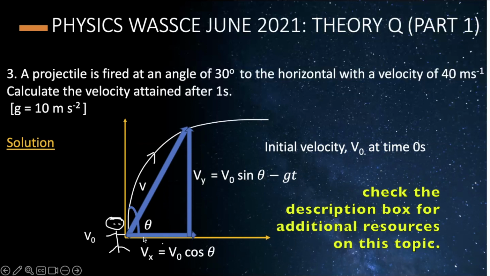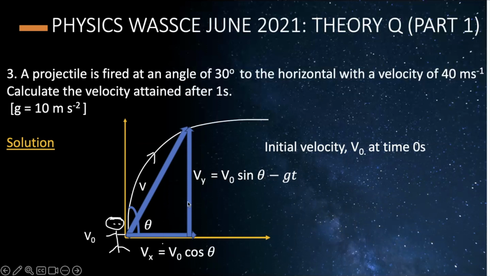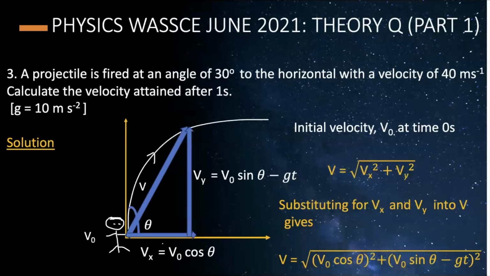Now, by Pythagoras theorem, you can sum the squares of these two sides, the horizontal and vertical components, to get the velocity that we are looking for. And that is what we are going to do. If you understand what I've explained so far, the next thing will be to substitute those values into this equation: the value for the horizontal component and the value for the vertical or y component.